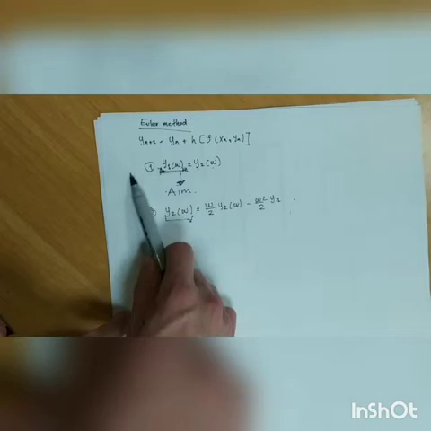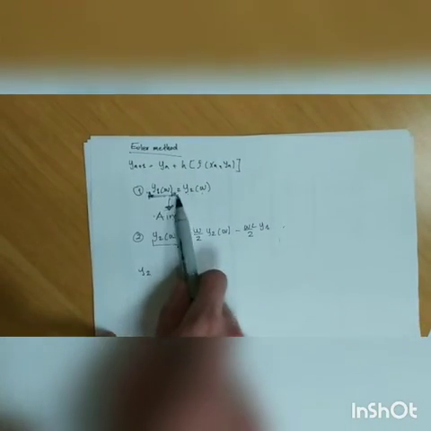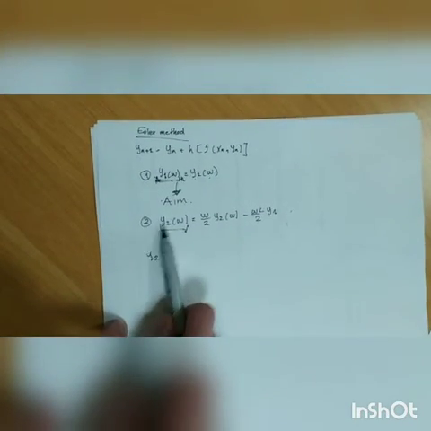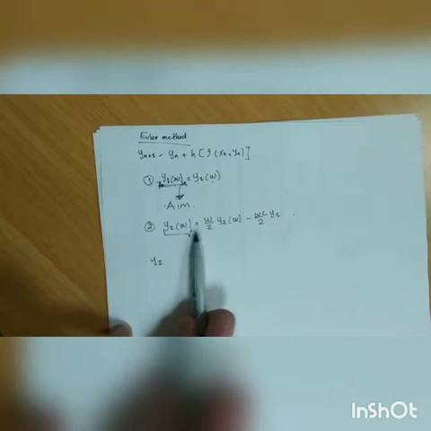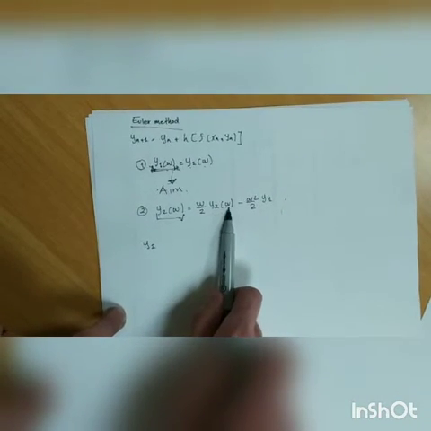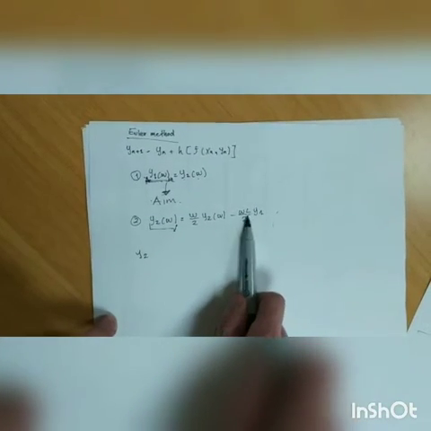As I mentioned before, we're going to use these two equations: y1 evaluated in w is equal to y2 evaluated in w, and y2 evaluated in w is equal to w divided by 2 per y2 evaluated in w, minus w per the length divided by 2 per y1.